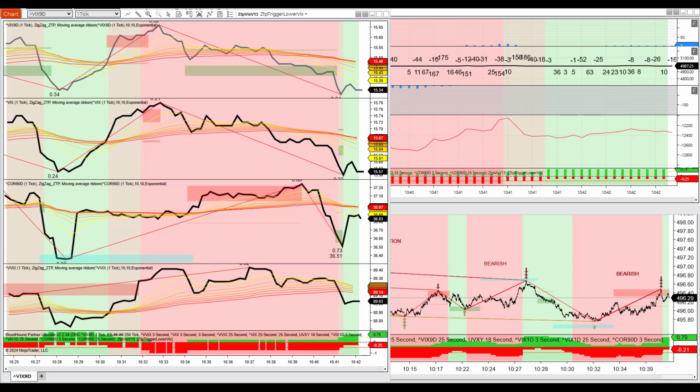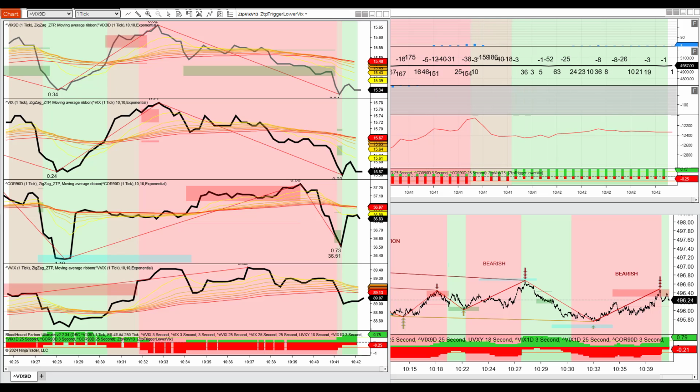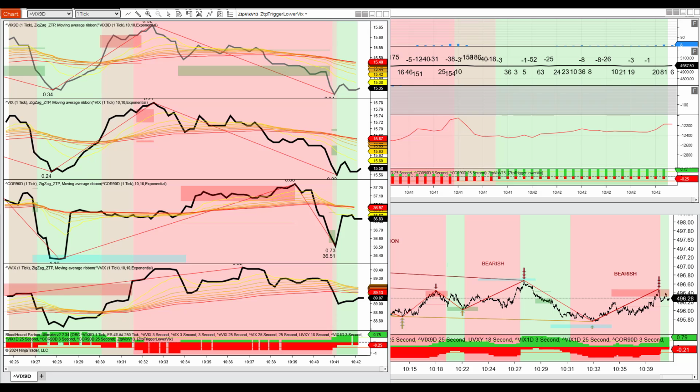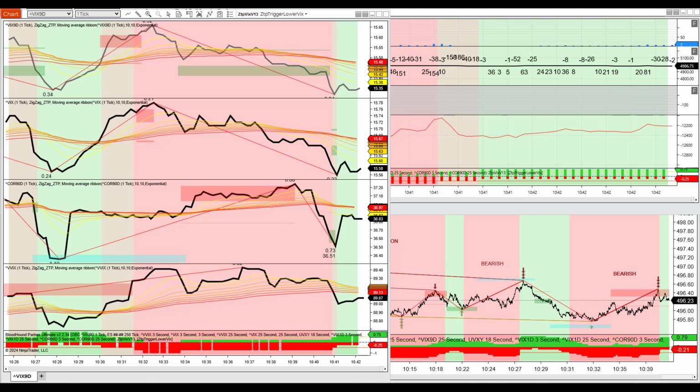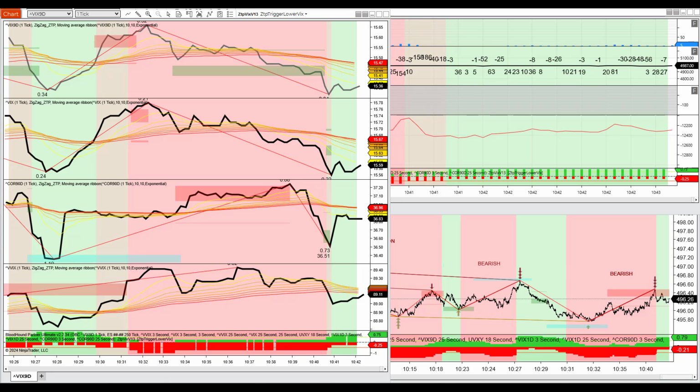You can see from the ticker, there's nothing but buying going on. We still have the ability to exit the trade at this point.